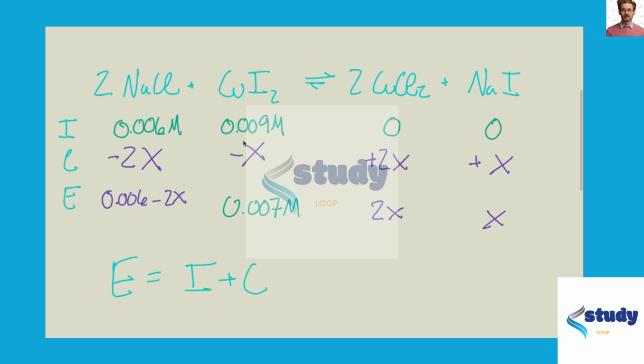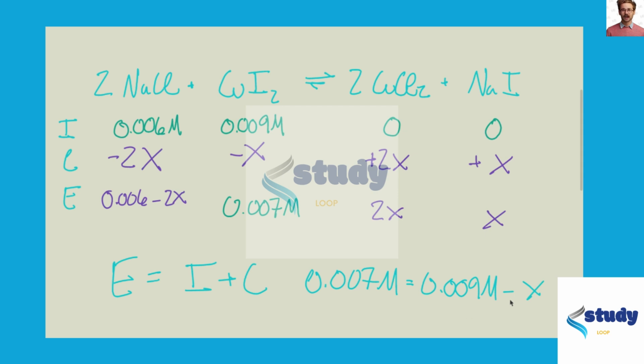For copper iodide, we know what equilibrium and what initial are, which means that we can find the change. We can plug in 0.007 molar, and we know that that's equal to 0.009 molar plus the change, or minus x.